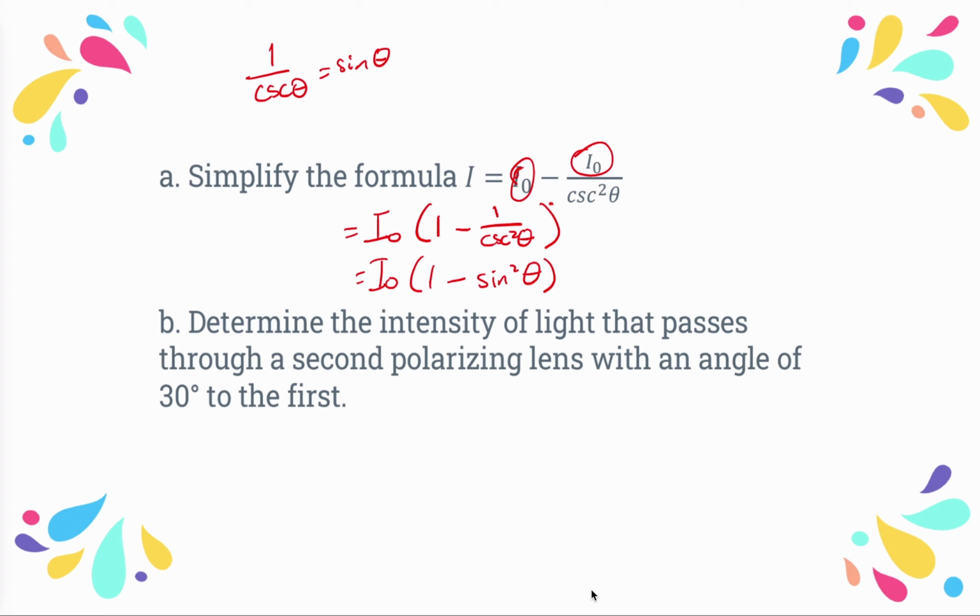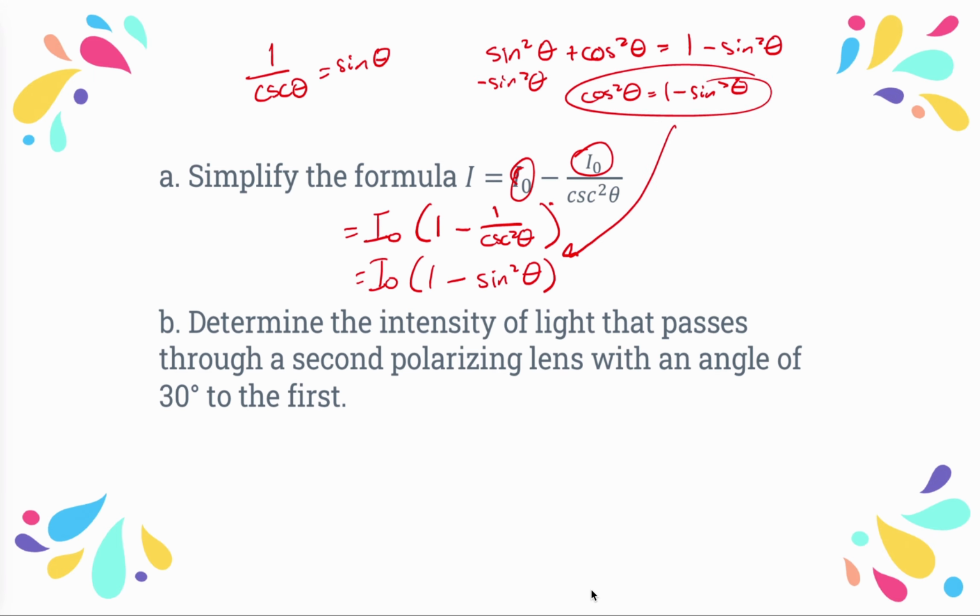We also have this identity, our Pythagorean identity, that sine squared theta plus cosine squared theta equals 1. If we subtract sine squared theta from both sides, we get that cosine squared theta equals 1 minus sine squared theta. So we're going to take that and plug that in there. And so that's going to be I0 cosine squared theta.